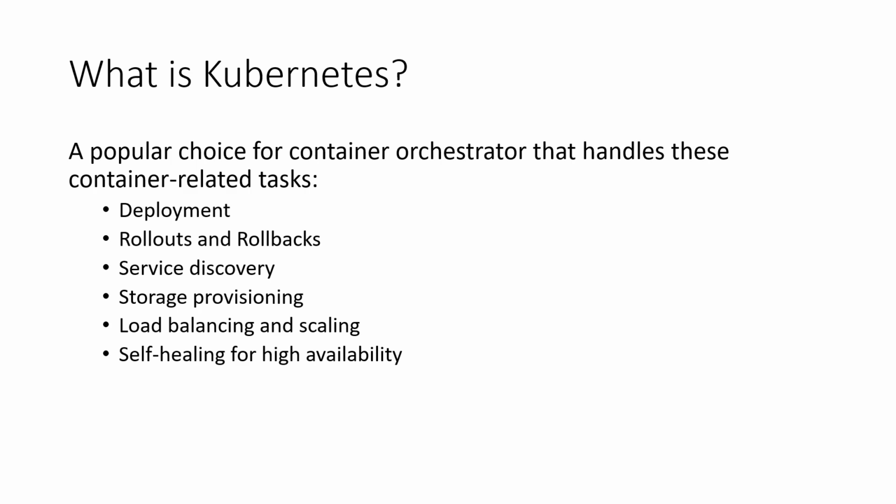In terms of storage provisioning, you can set Kubernetes to mount persistent local or cloud storage for your container requirements. In terms of load balancing and scaling, when traffic to a container spikes, Kubernetes can employ load balancing and scaling to distribute it to networks to maintain stability and to increase the number of instances which is going to serve your request.